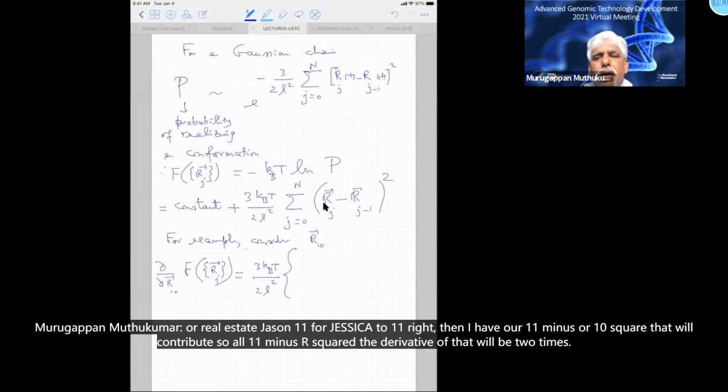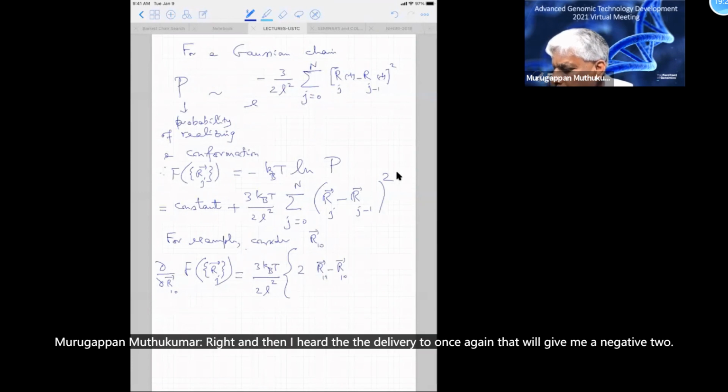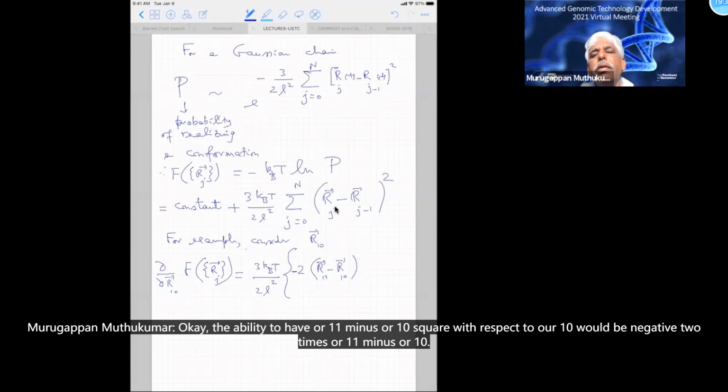So for R11 minus R10 squared, the derivative of that would be 2 times R11 minus R10, right? And then I have to take the derivative once again, that will give me negative 2. Okay, the derivative of R11 minus R10 squared with respect to R10 would be negative 2 times R11 minus R10.